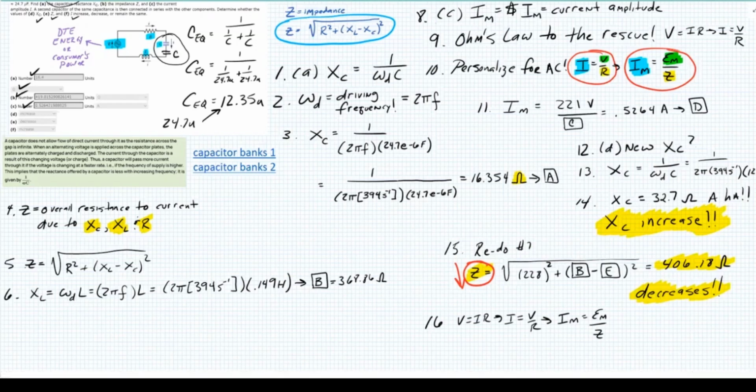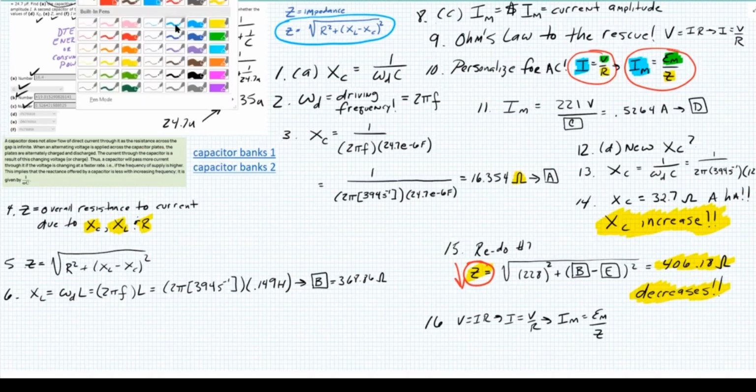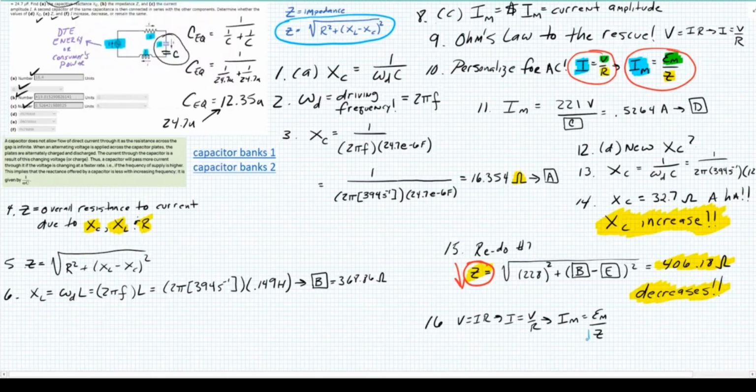If Z decreases, if you figured out how to decrease the impedance, this is now smaller, the net result is the current has just increased. I sub M increases.